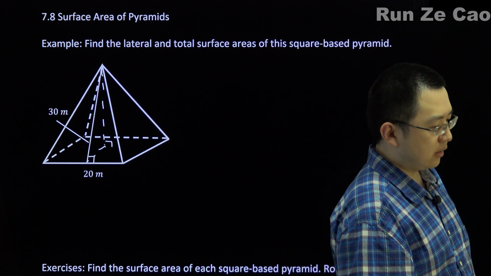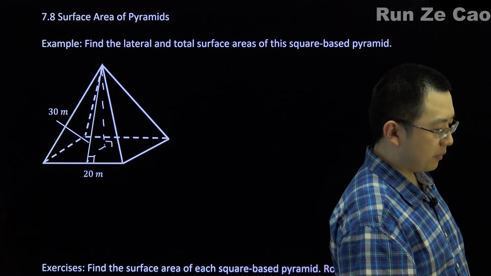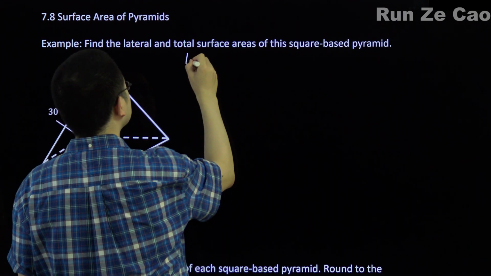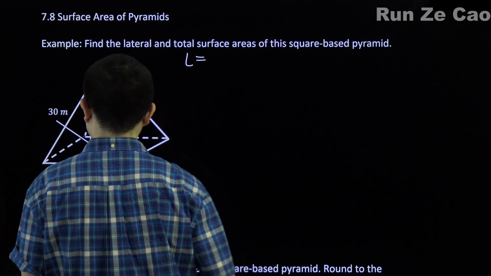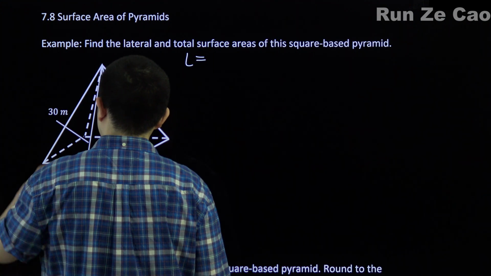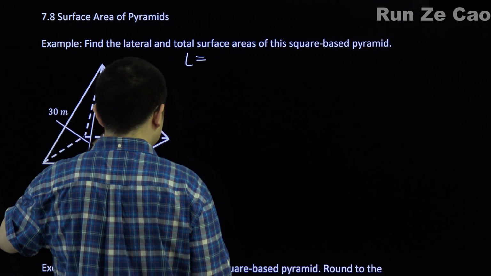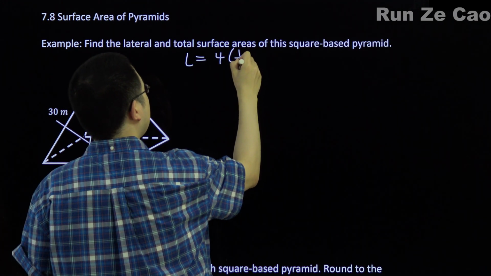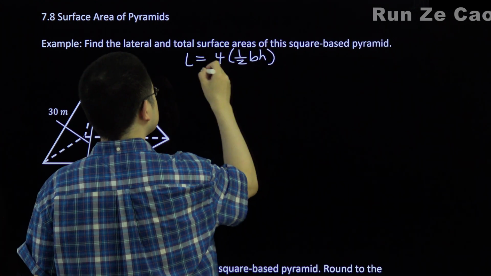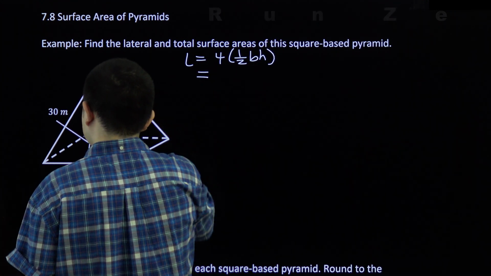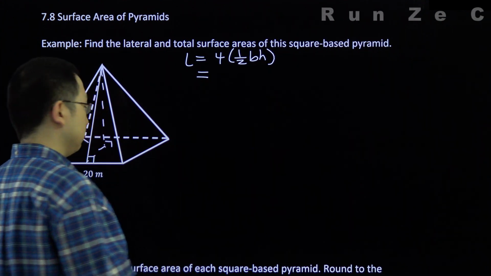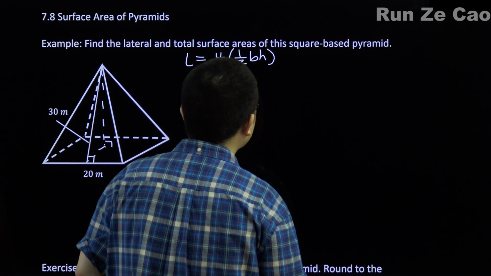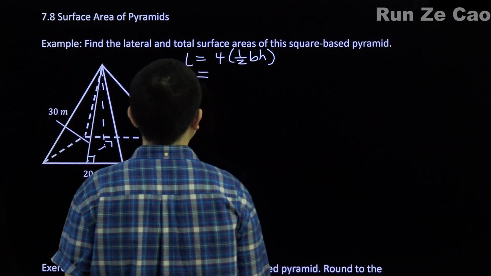So you find the lateral and total surface areas of this square-based pyramid. The lateral surface area is equal to, we know it's a square-based pyramid, therefore in this case it's 4 times 1/2 base times height, because we have the height of the triangles. In other words, the slant height already, and we have the base, which is the side length of the square base.